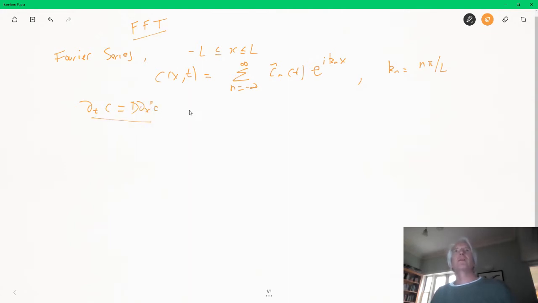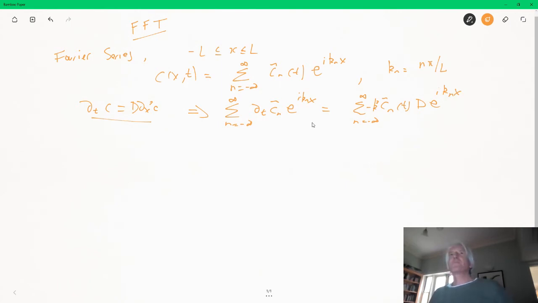So we substitute this expansion for c, and we end up with this expression here: the sum from n equals minus infinity to infinity of the time derivative of c n hat e to the i k n x is equal to the sum of, okay, and then we differentiate with respect to x twice, which of course is going to give us the minus k squared. And we have to add in a D as well. Let's put it in a rather funny place because there isn't a space for it.